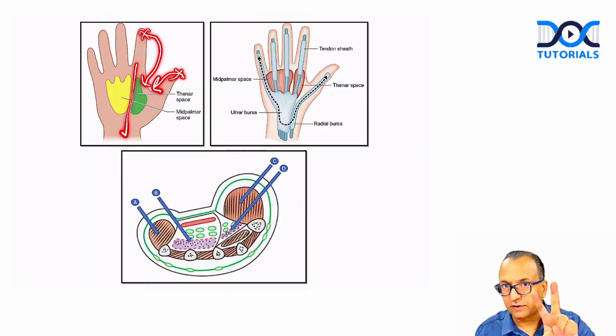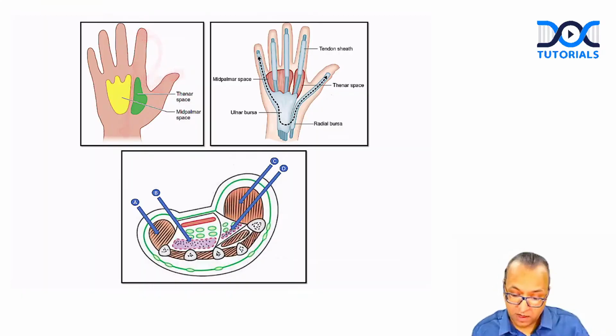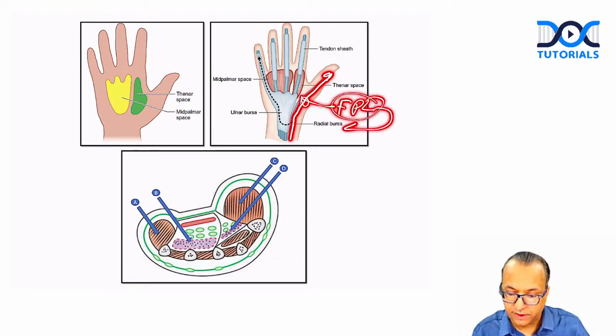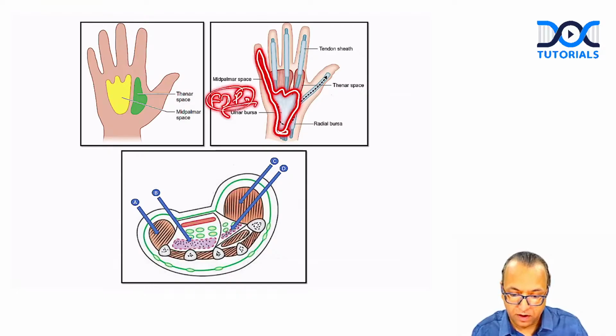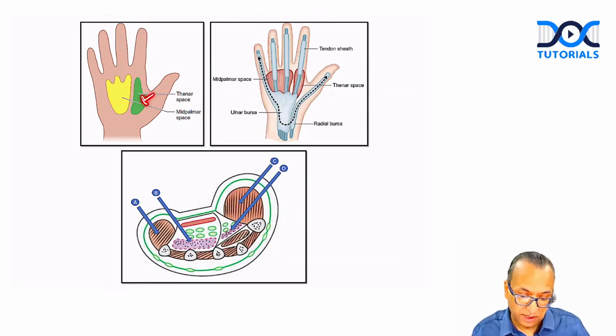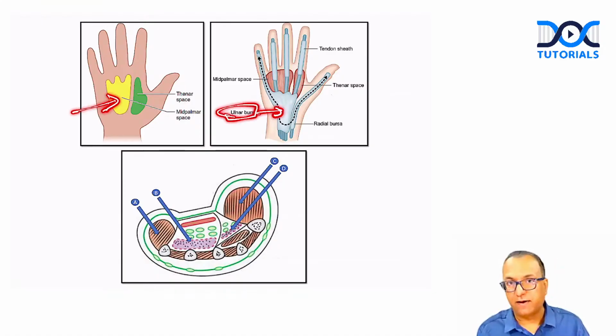These are two spaces. Now two more. There's a synovial sheath on the flexor pollicis longus, creating the radial bursa, which can be infected, another space. And then there is FDP for the little finger, flexor digitorum profundus for the little finger, ulnar bursa. So total 4 spaces. Thenar space and the radial bursa towards the thumb, and mid palmar space and ulnar bursa towards the little finger.